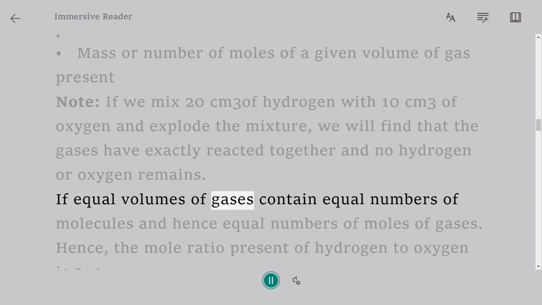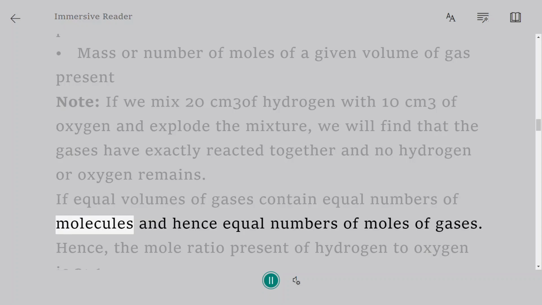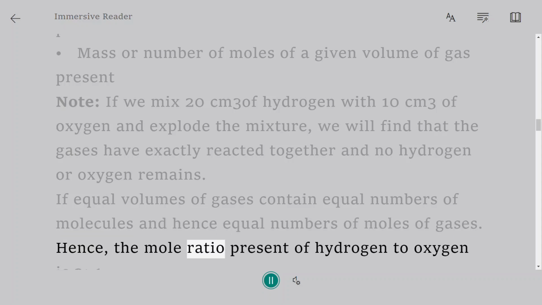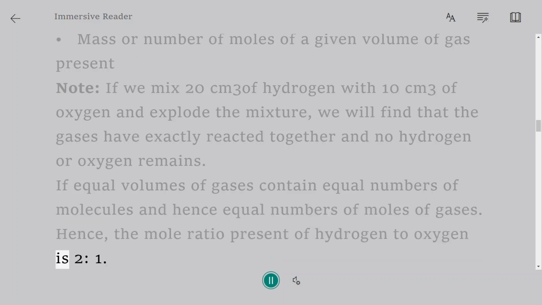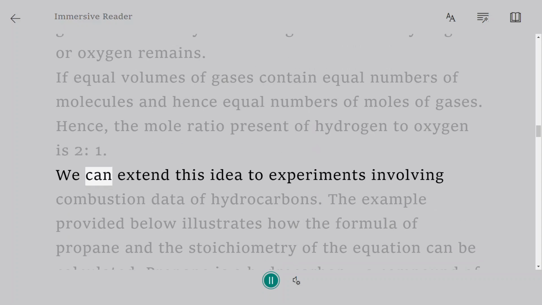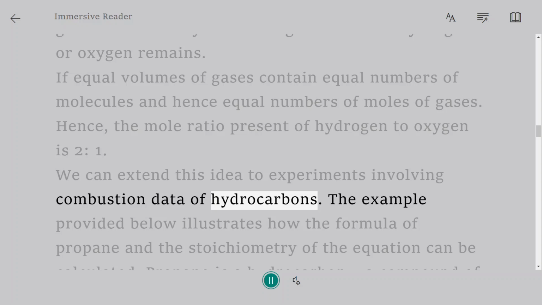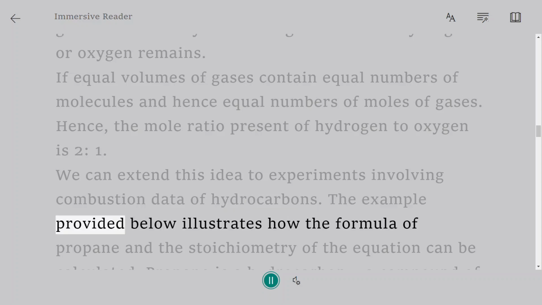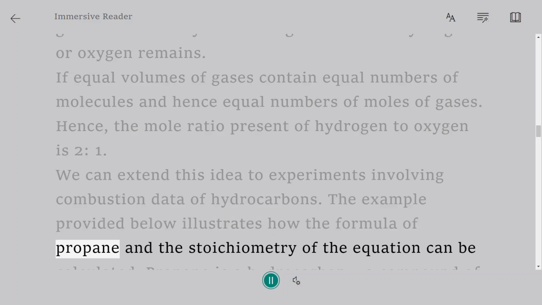If equal volumes of gases contain equal numbers of molecules and hence equal numbers of moles of gases, the mole ratio of hydrogen to oxygen is 2:1. We can extend this idea to experiments involving combustion data of hydrocarbons. The example provided below illustrates how the formula of propane and the stoichiometry of the equation can be calculated.